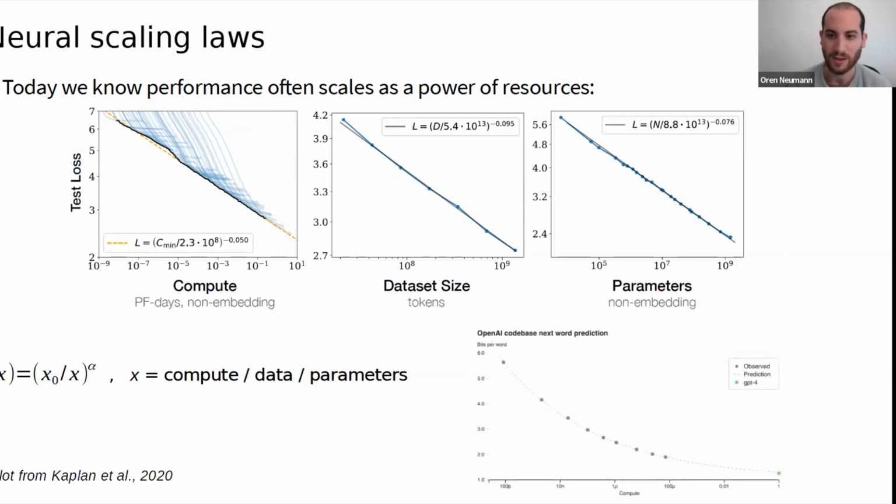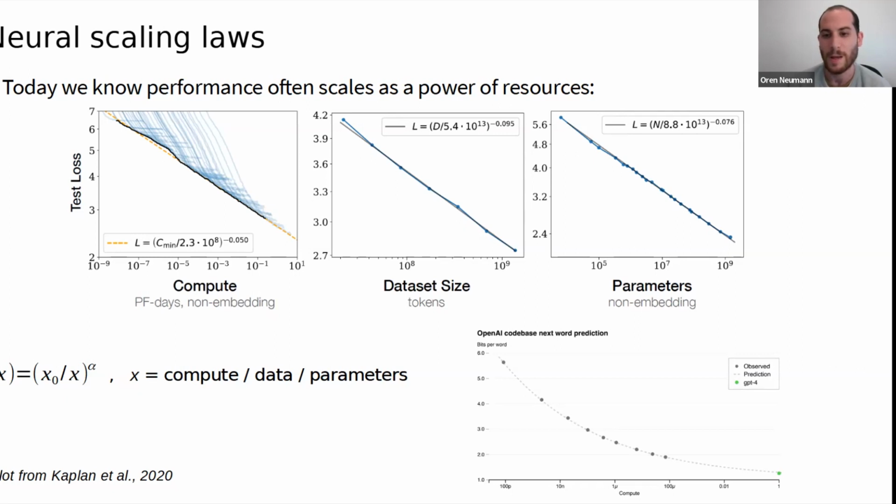And I also added this plot from the technical report on GPT-4 that came out 2 days ago to show you that scaling laws are still very much in vogue. This is literally figure 1 from the technical report. The first section of their paper talks about scaling laws and talks about how GPT-4 fits to known scaling laws.